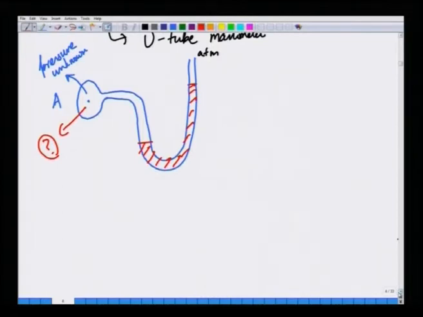Let us now label some heights here. Let us call this height H3. Okay. Let us call this height H4.